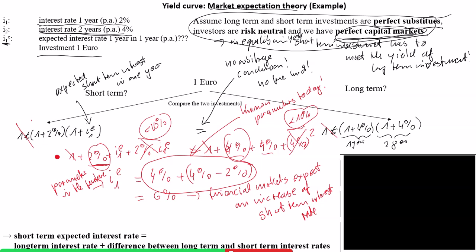And we can even interpret more here. We see within this situation when long-term interest rates are higher than short-term interest rates, in general, we find that the market expects higher short-term interest rates in the future. Well, but we are knowing that the central bank is steering short-term interest rates.